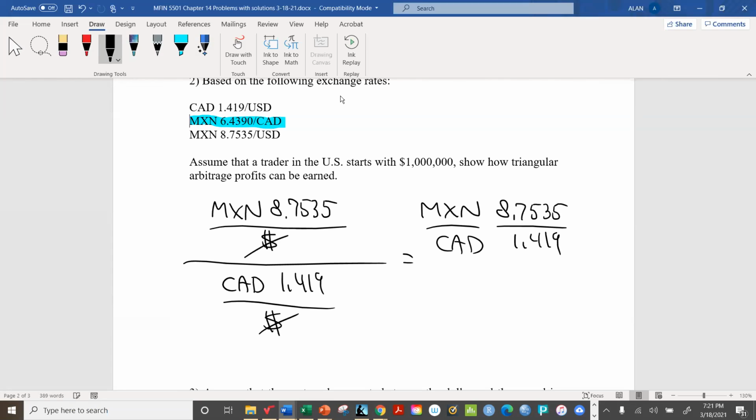So when we're done, we end up with that ratio, which is 8.7535 divided by 1.419, which is 6.1688 pesos per Canadian dollar.